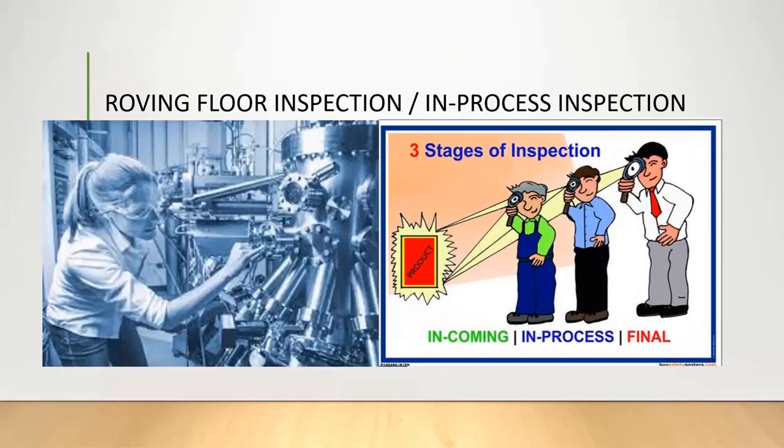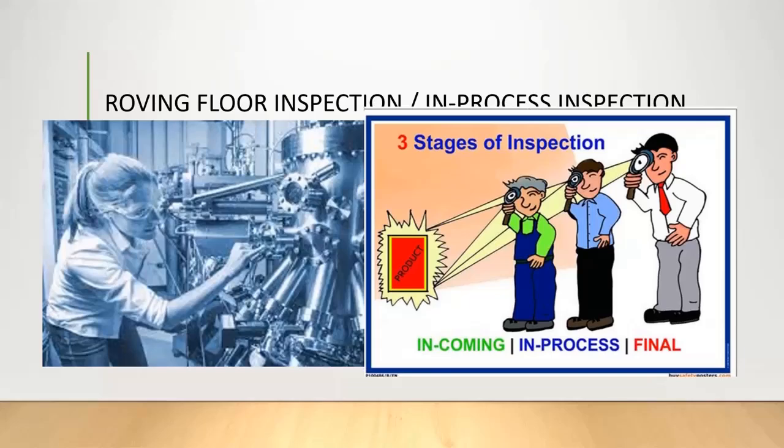So the three stages of inspection, if you classify: one is the incoming, in process and final inspection. So these are the different types of inspection process. One is the initial inspection, in process, then final inspection.